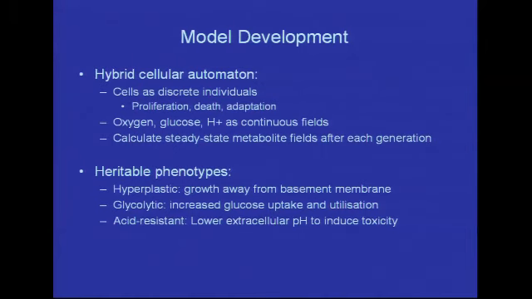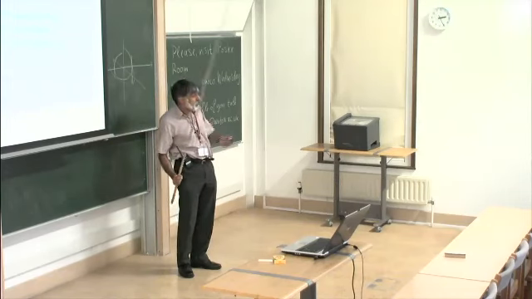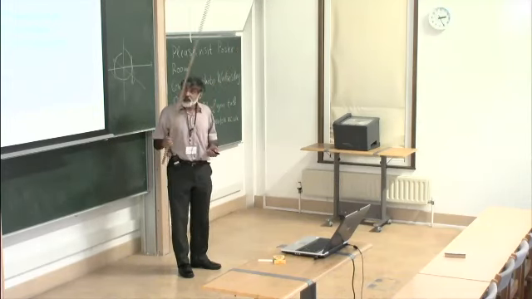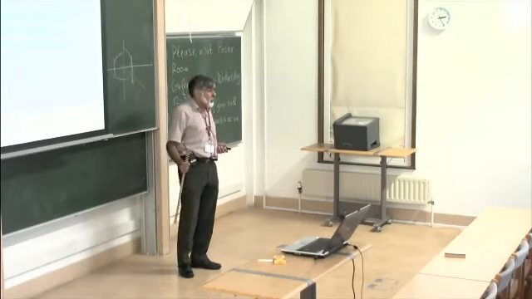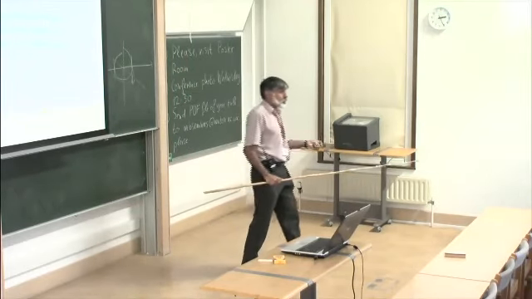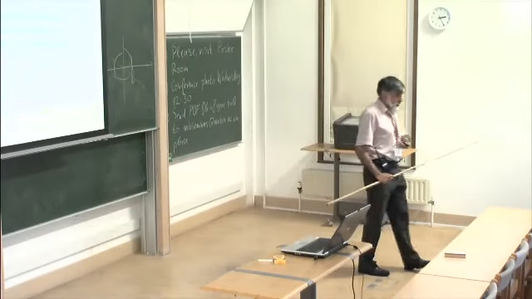We simply took a cellular automaton, so a grid, just a rectangular grid. We stuck cells on the grid, and we said, well, cells can divide, they can die, or they can adapt. So when they divide, they may mutate. And then we said cells use up oxygen, they use up glucose, and they produce acid.